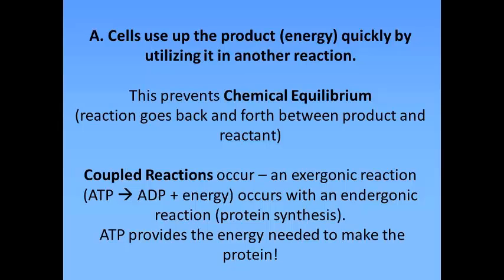You take an exergonic reaction, such as going from ATP to ADP, which releases energy, and it occurs with an endergonic reaction like protein synthesis that needs to take energy in order to create a new molecule. So ATP provides the energy needed to make protein. It also provides the energy for many other various cell functions, but this is an example. But a coupled reaction is what prevents chemical equilibrium from occurring, and just that constant cycle from ATP to ADP to ATP to ADP from occurring.